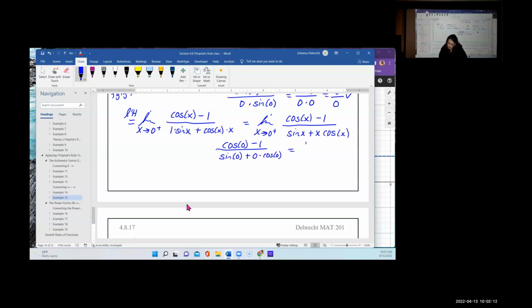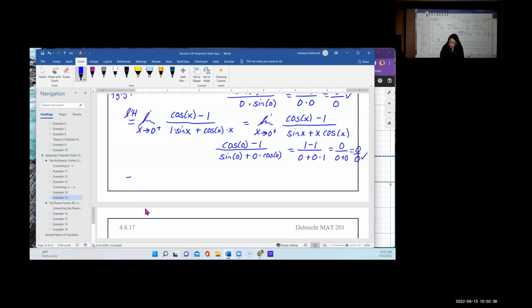Now cosine of 0 is 1, so I have 1 minus 1. Sine of 0 is 0 plus 0 times 1, which is 0 over 0 plus 0, which is 0 over 0. It is again one of the two basic indeterminate forms. So I'm going to apply L'Hopital's rule again.